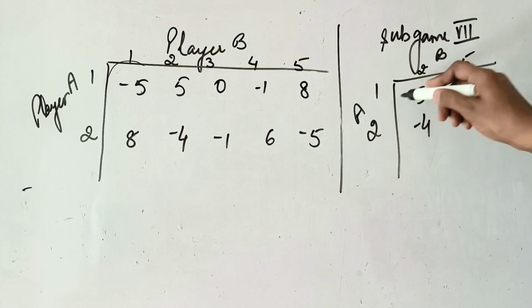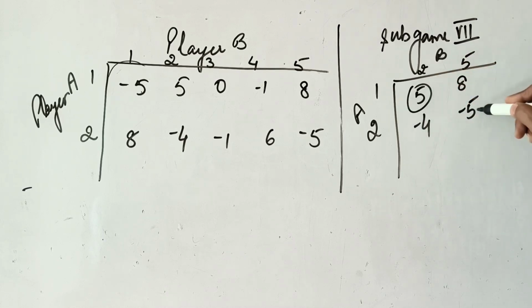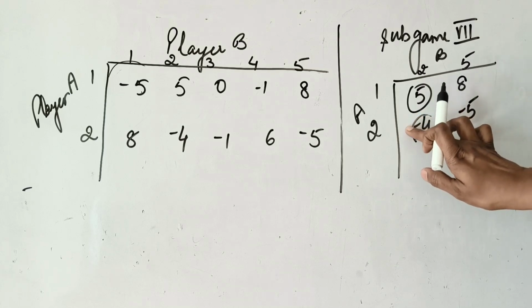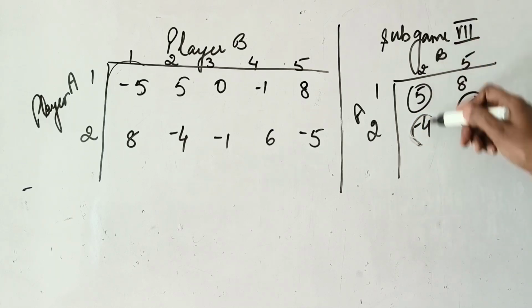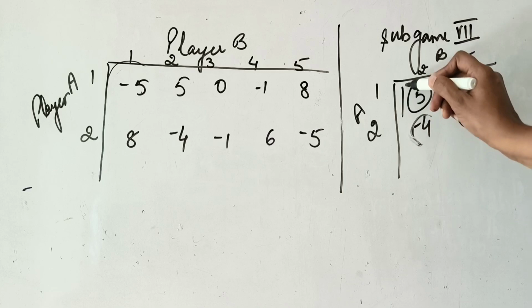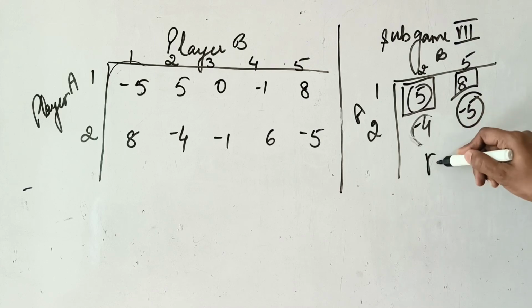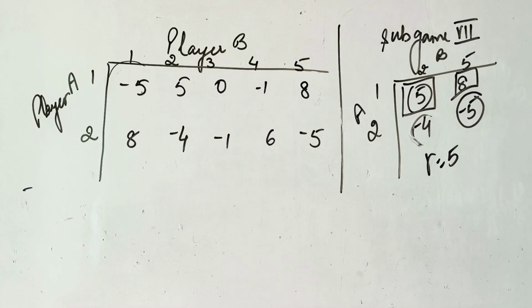Yes, it will have. The row wise minimum will be -5. Column wise maximum is this, and column wise maximum is this. So here I am getting a saddle point. So here the value of the game is 5 in subgame 7. Now let us move on to subgame number 8.